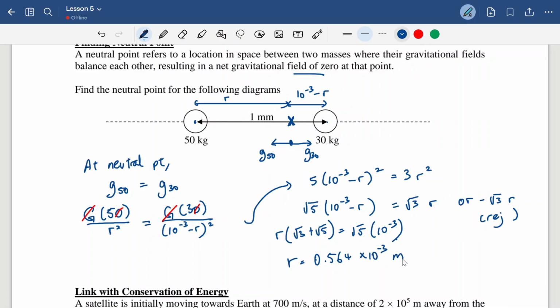I think it's this value, 0.563, so which is going to be 0.564 mm. So that is the location of the neutral point.